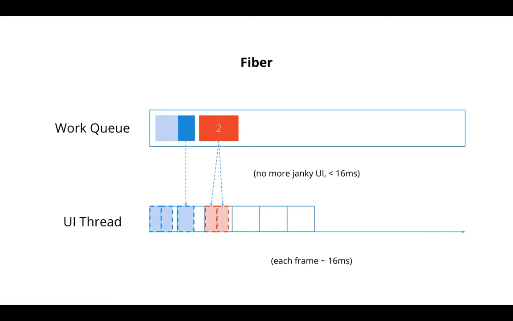This can also be mixed, like this particular thing could be in the same frame with parts of the work that was being done from the higher priority fiber. It depends on what exactly the application is doing and how important it is. So this is how the algorithm works in the new version.